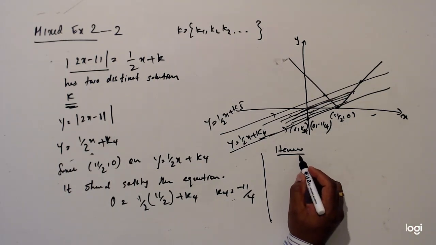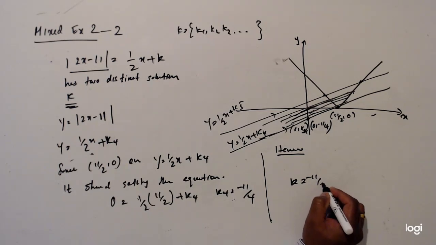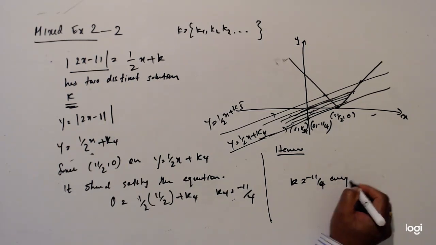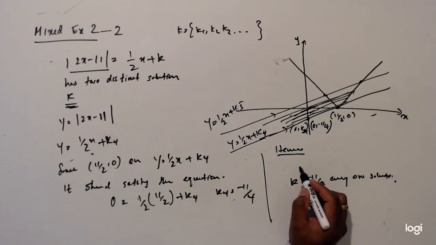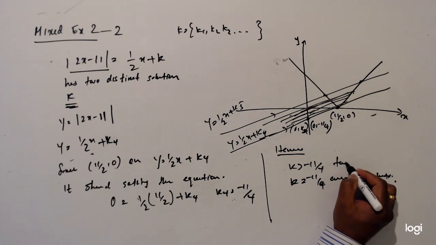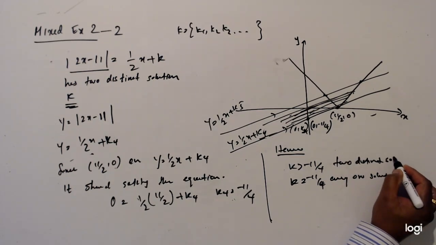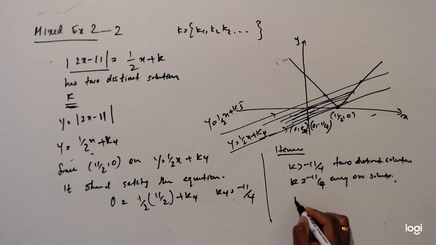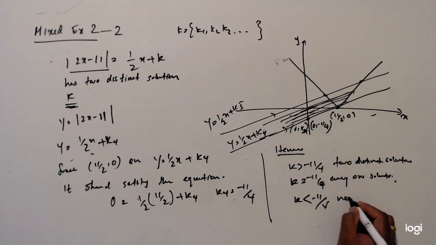So we can write: hence k equal minus 11 over 4, only one solution. K greater than minus 11 over 4, two distinct solutions, and k less than minus 11 over 4, somewhere here, no solutions.